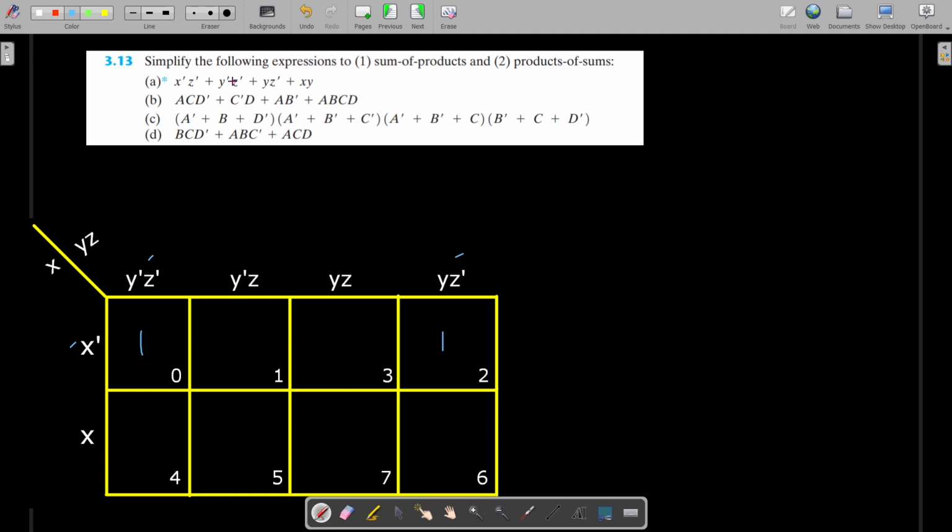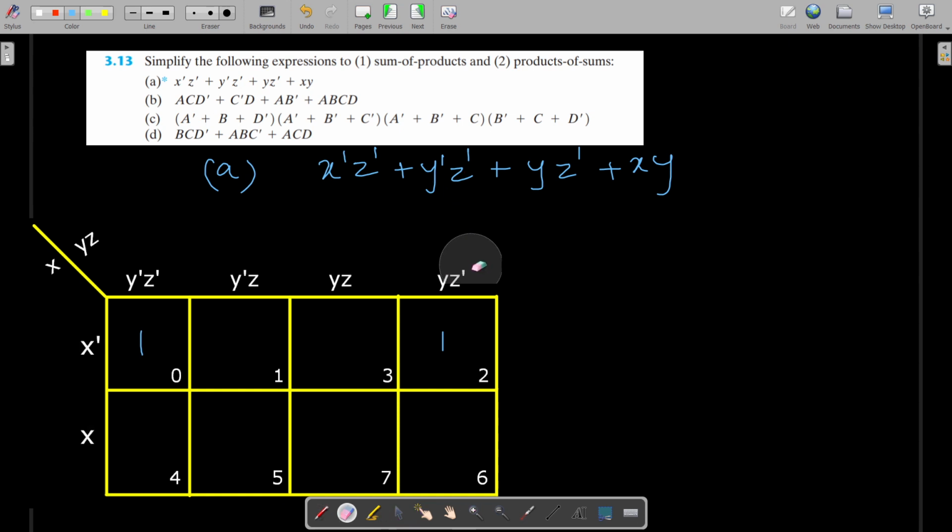Then the next one is y' z', the second term. So y' z' is here, this one. So for that we already placed a 1 here, one more 1.